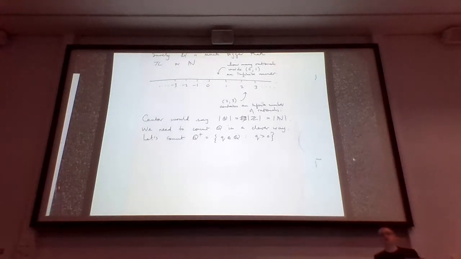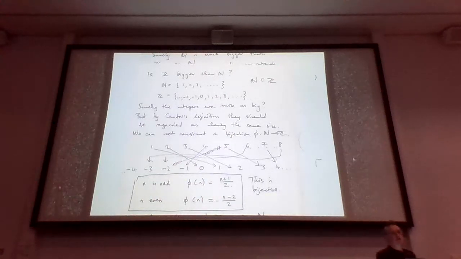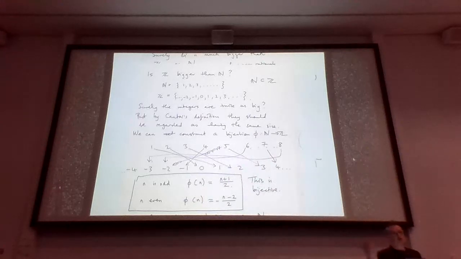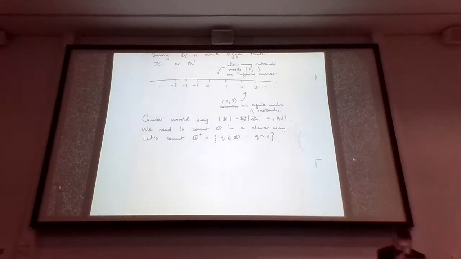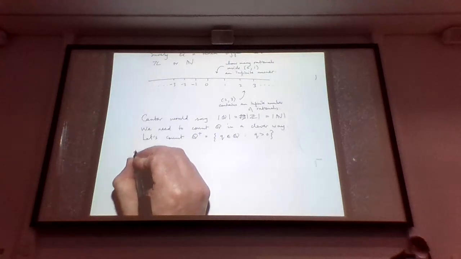If we can count Q plus, all the positive rationals, then we can certainly count all of Q, because we can just use this same technique here where if you count one set, then you can also count it using the odd natural numbers, and then you can use the even numbers to count another set of the same size.